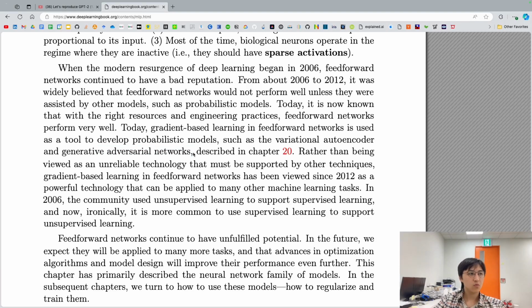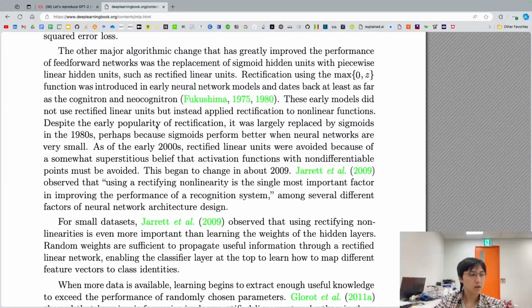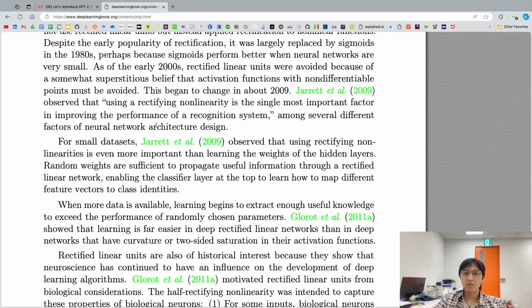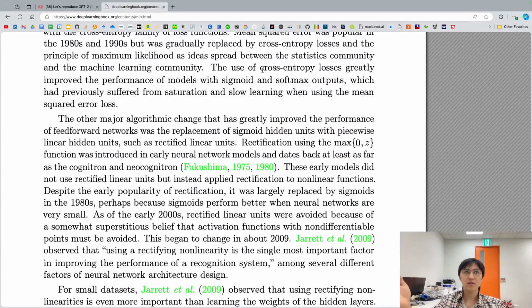I want to tell you that by giving the right dataset, the right cost function and optimization, we can have good feed-forward network models. I also want to tell you about rectified linear units. In the 2000s, rectified linear units weren't recommended for use, but actually they should have been.